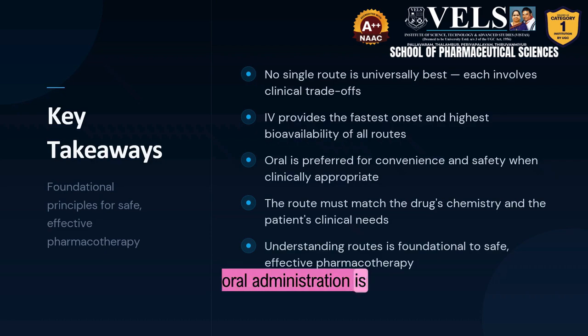Third, oral administration is preferred when convenience and safety are appropriate. The fourth is that the route should be selected according to the drug properties and the patient's clinical requirements.